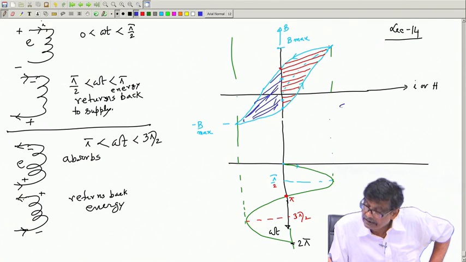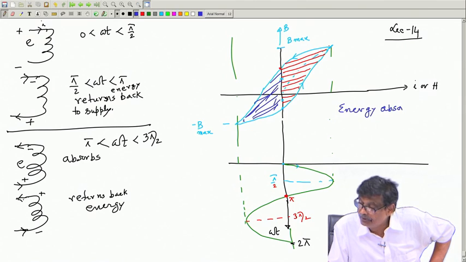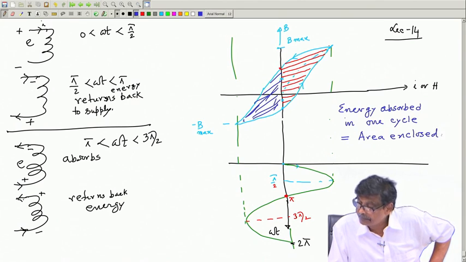Therefore, energy absorbed in joule, energy absorbed in one cycle is equal to area enclosed by the BH curve.